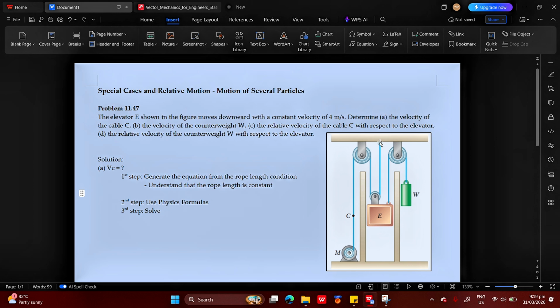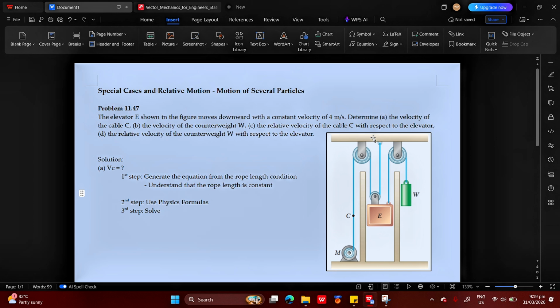And it will never change. Even if the objects move, the rope length will still be the same, as long as you are strictly abiding by the rule of point C to the ceiling only.